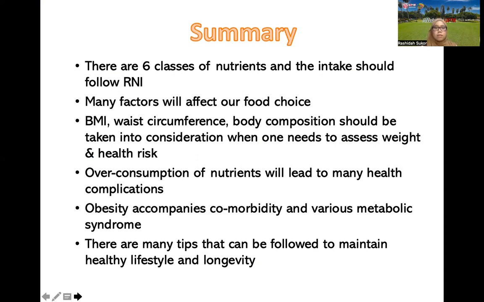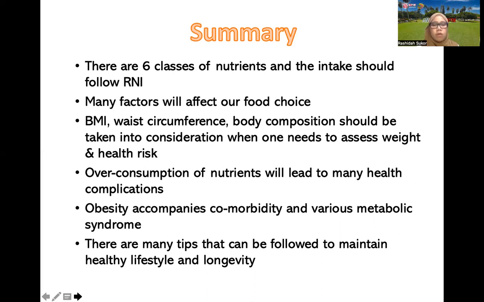Okay, so as a summary, there are 6 classes of nutrient, and for the intake of these nutrients, we should follow the recommended nutrient intake. There are many factors which will affect our food choice. The BMI, body mass index, waist circumference, and body composition should be taken into consideration when one needs to assess weight and also health risk.